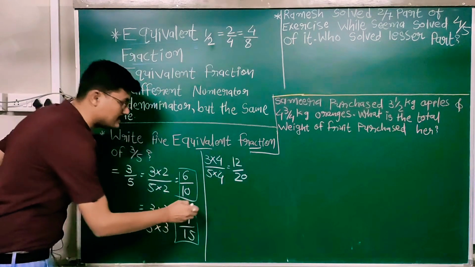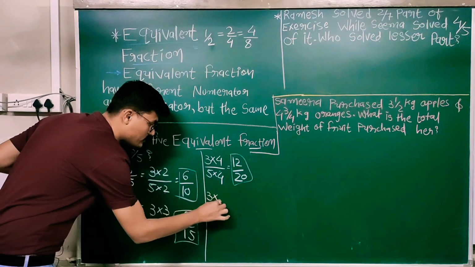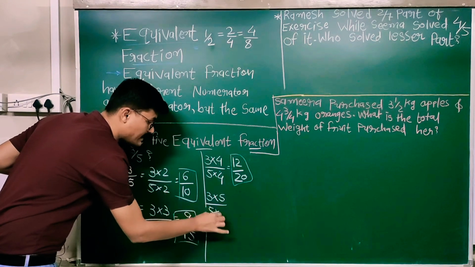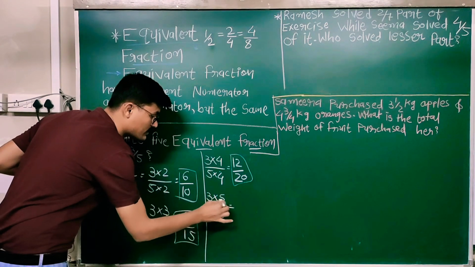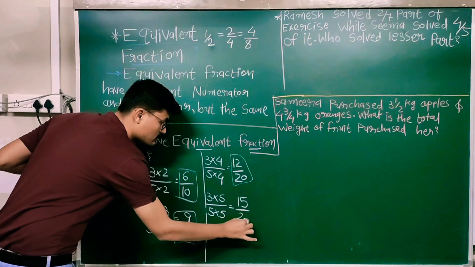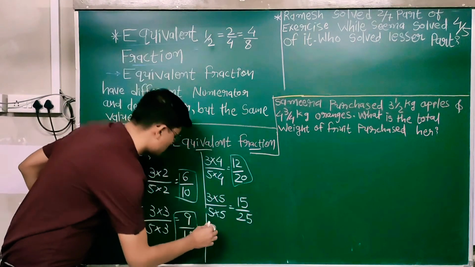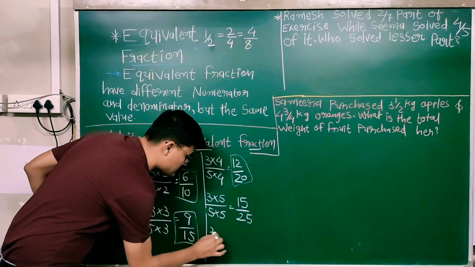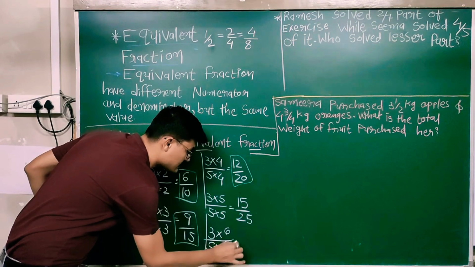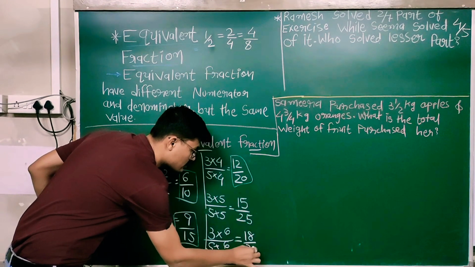This is our third equivalent fraction. 3 into 5 upon 5 into 5 is equal to 15 upon 25, and then 3 into 6 upon 5 into 6 is equal to 18 upon 30.